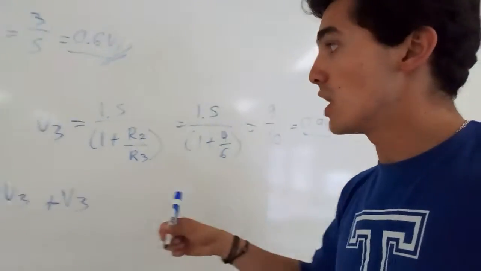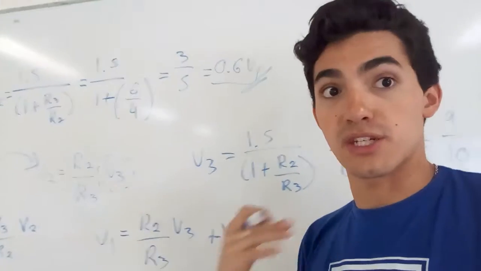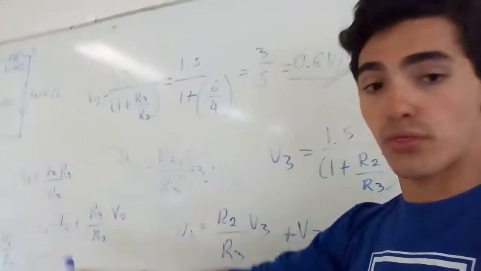And this is the voltage of the R3, that is the potential drop of our voltage 3.